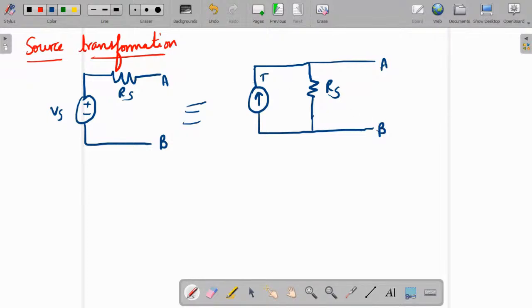This IS will be equal to VS by RS. Okay, so these are the 4 simplification techniques. Clear? Any doubts?